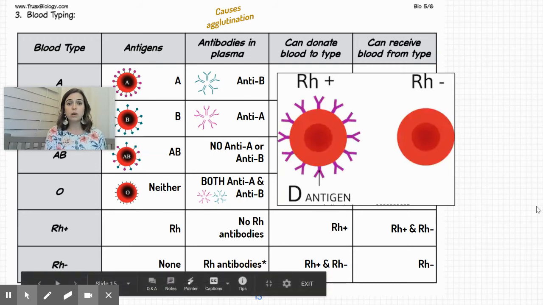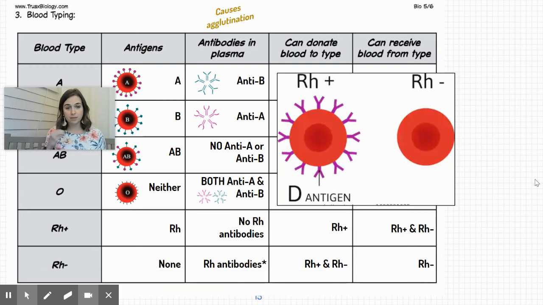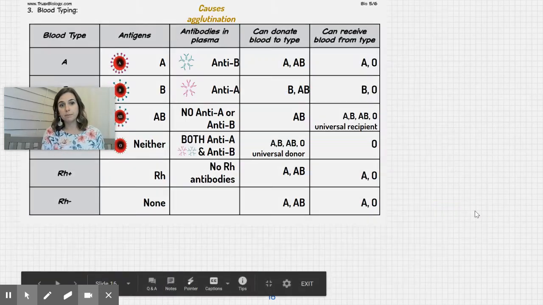But because they do have antibodies, they would attack any positives in their bloodstream. Okay, so again, if you were AB, the universal recipient, but you were AB negative, one of the rarest blood types, you would need to receive negative blood, whatever kind it is, would need to be negative.